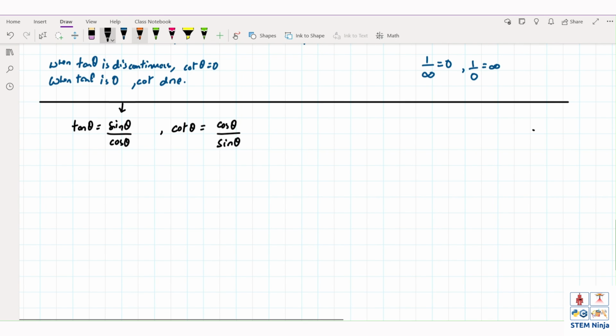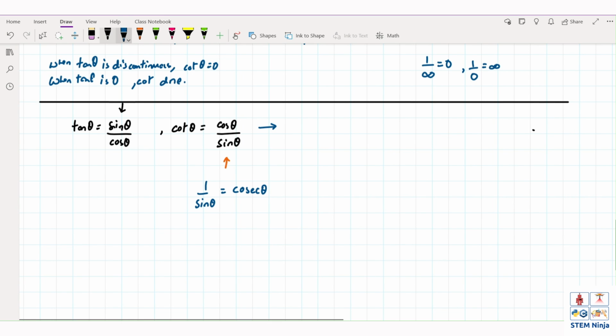Now, how do we go from this expression into an expression with secant and cosecant? It's fairly easy, since 1 over sine theta is equal to cosecant theta.